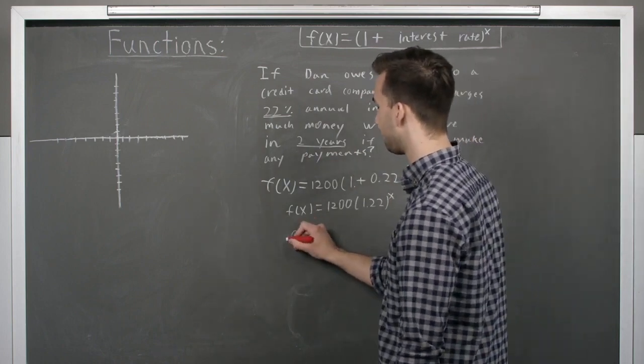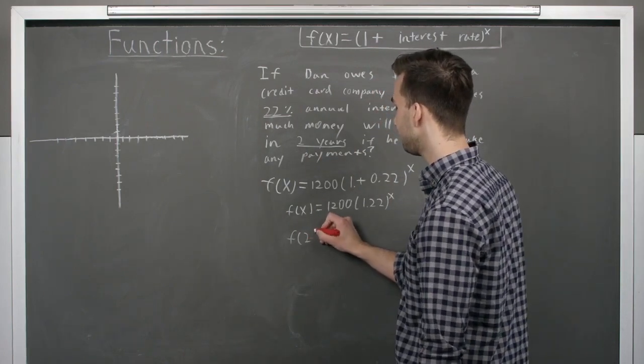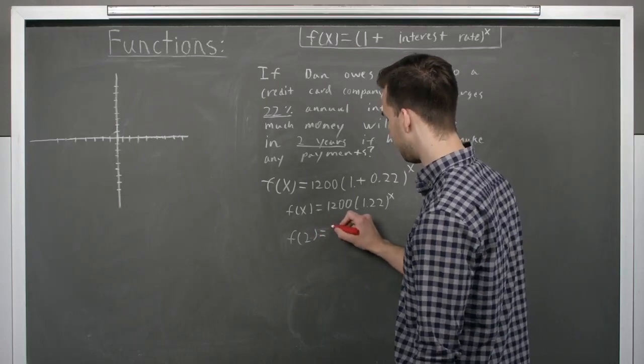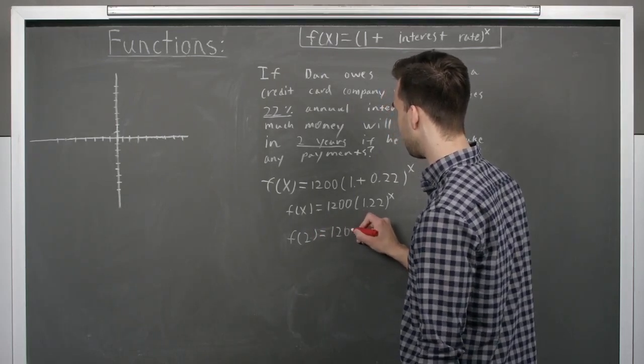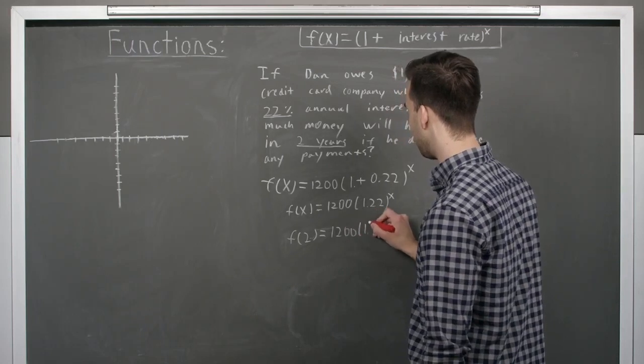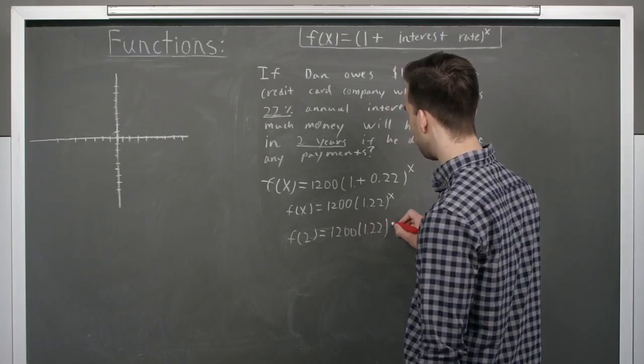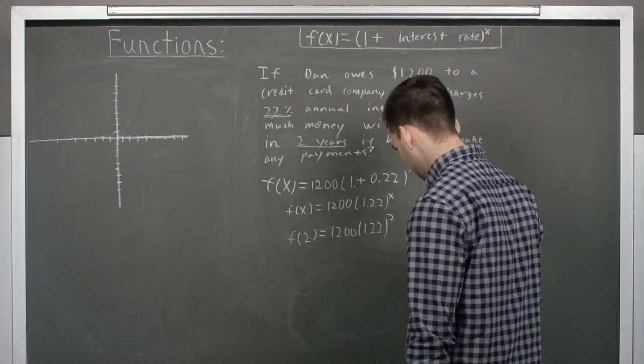So f of 2 is equal to 1,200 times 1.22 to the power of 2.